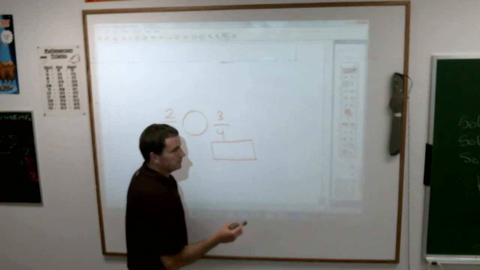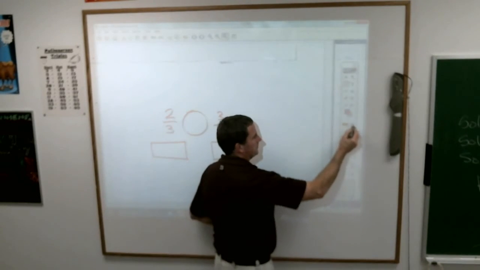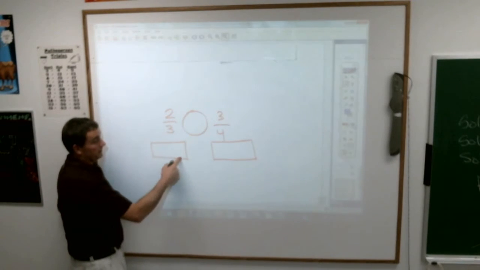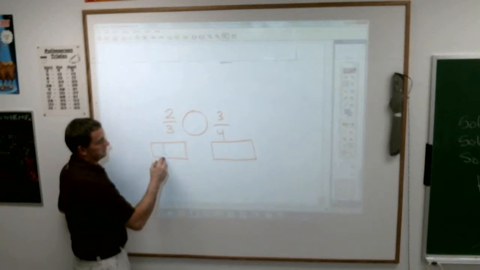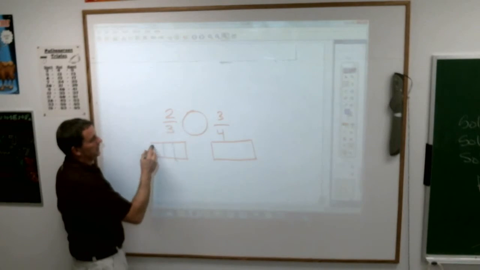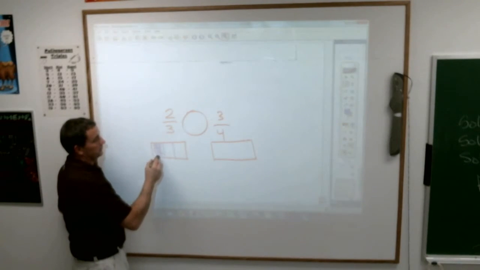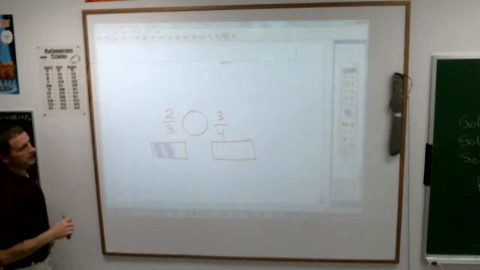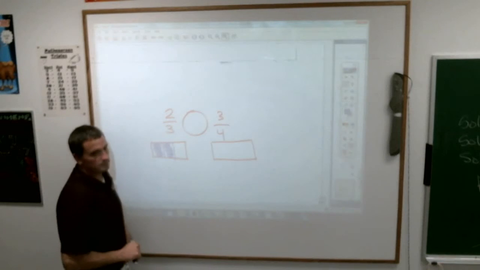So if I'm doing 2/3, what do I have to do to show 2/3, Elizabeth? And there again, you gotta try to get it as close as you can into thirds. And I'm shading 2 of them, right? That's my 2/3. My next one, I have to do what, Grace? Divide it into 4 parts.